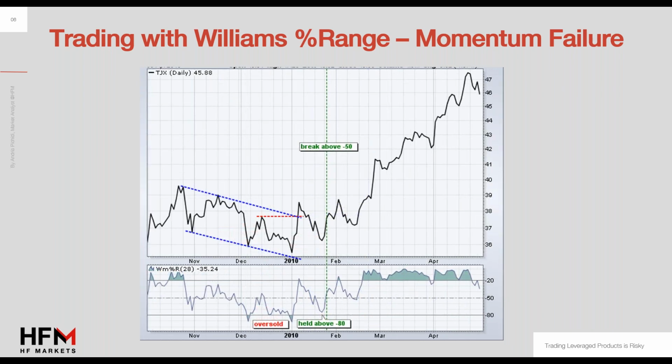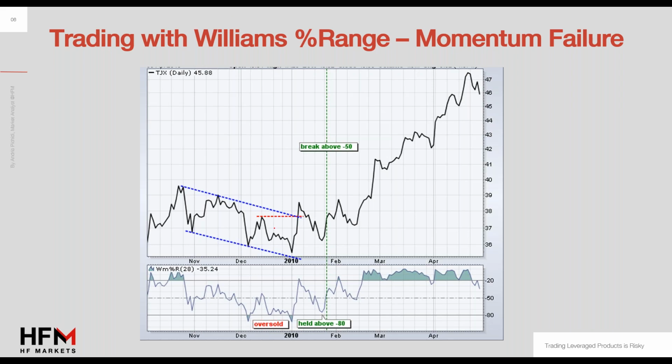The very last example before we end the session is this one, in which you can see that the asset was in a down channel, right? So remember that any exit of the channel is an indication that the trend might have changed.